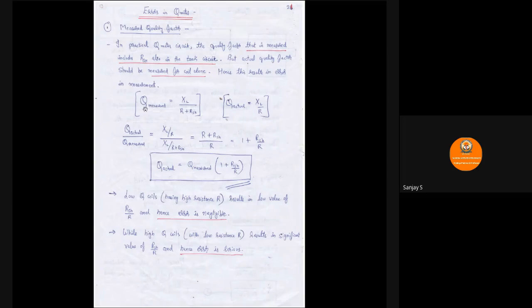So the quality factor that is actually measured will be XL by R plus R shunt. But the Q value that is expected is XL divided by R. So Q measured is XL by R plus R shunt, and Q expected or actual is XL by R. Let us take the ratio of actual by measured.